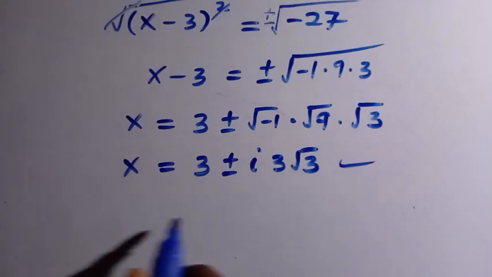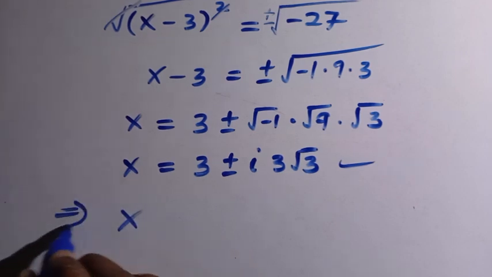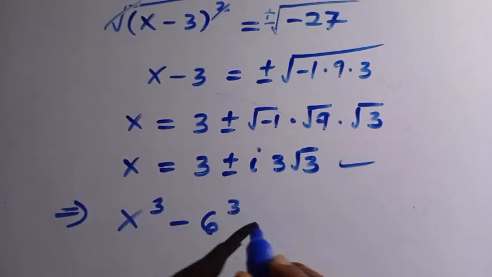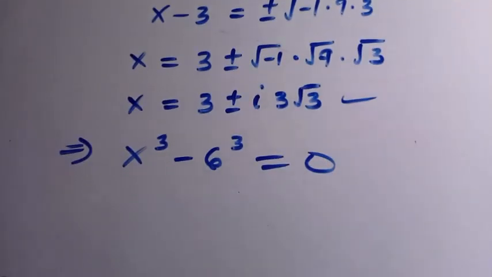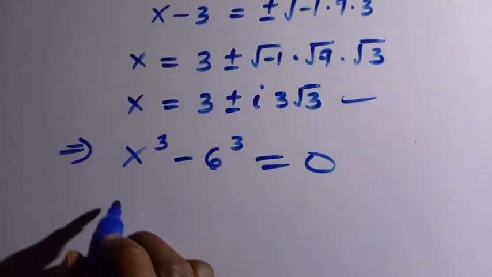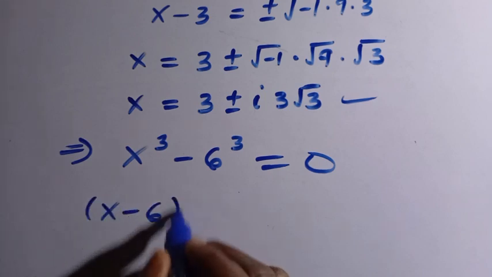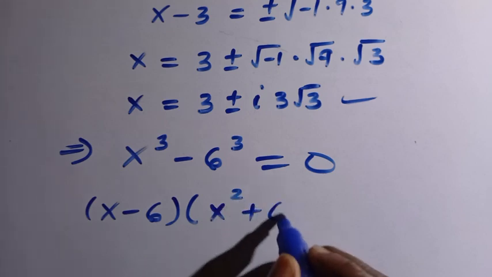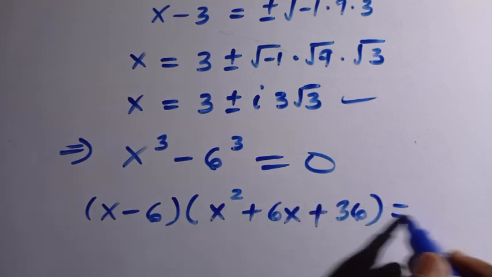Then we are still going to find the other 3 solutions where we consider it from x cubed minus 6 cubed equals 0. And this is a difference of 2 cubes, which the equivalent result is (x minus 6)(x squared plus 6x plus 36) equals 0.